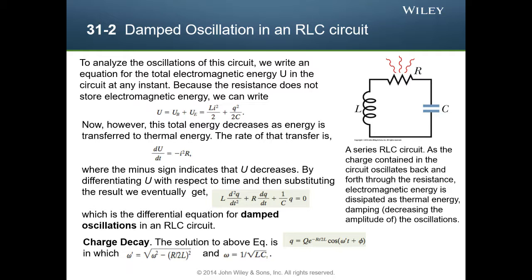But if it is a complex conjugate, if it is alpha plus or minus j beta, one point I forgot to mention: we usually write square root of minus 1 to be j rather than i.